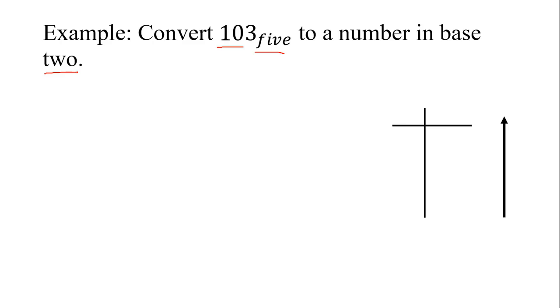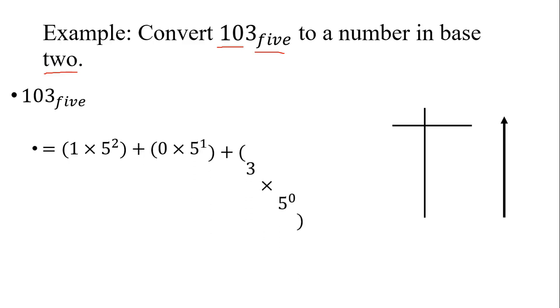We do the same approach. The first thing is to convert to base 10, and then from base 10 to the required base. So I'm converting from base 5 to base 10 using the expansion method. I'm going to have 1 times 5 raised to power 2, plus 0 times 5 raised to power 1, plus 3 times 5 raised to power 0.